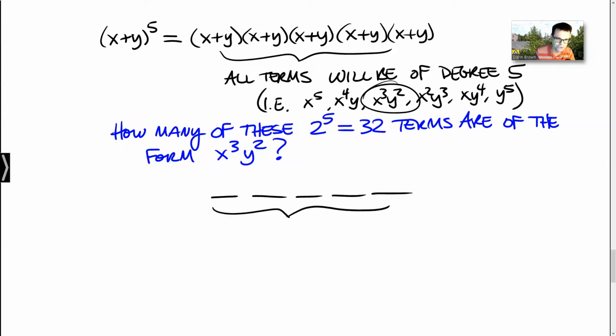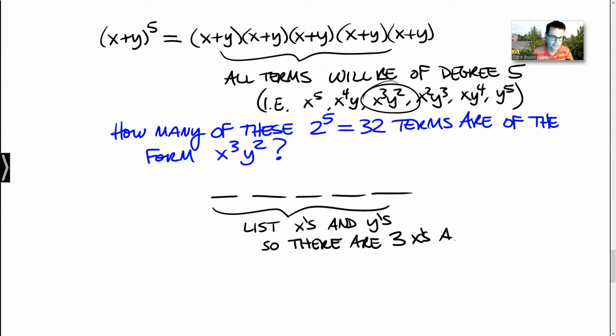And what we're being asked to do is list x's and y's here, like the license plate. Remember the license plate problem where we said we're kind of filling things in, except here we're filling in x's and y's, and we could have repeats. But the difference is we're going to list x's and y's here so that there are 3 x's and 2 y's. So for instance, I could do x, x, x, y, y.